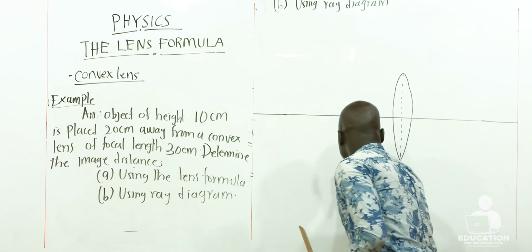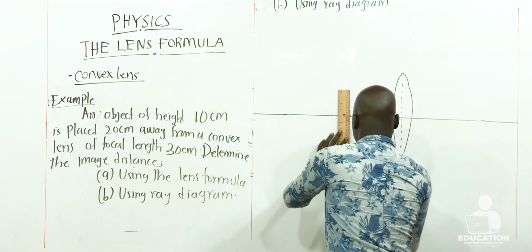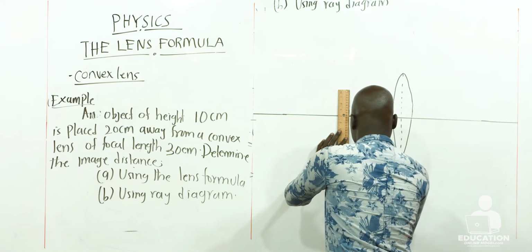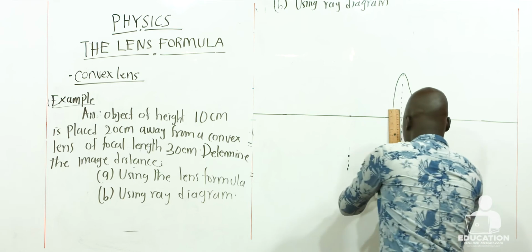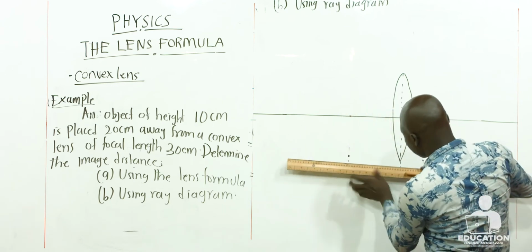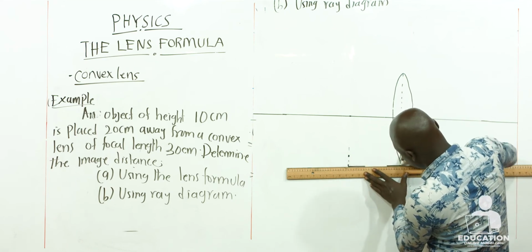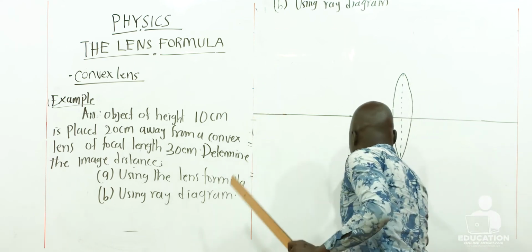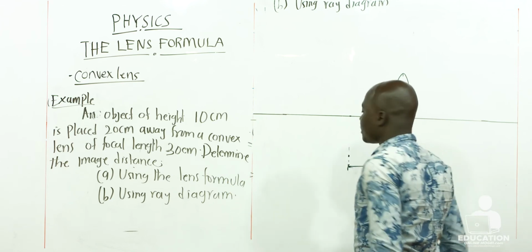So we take the distance between the object and the optical center to be 20 centimeters.